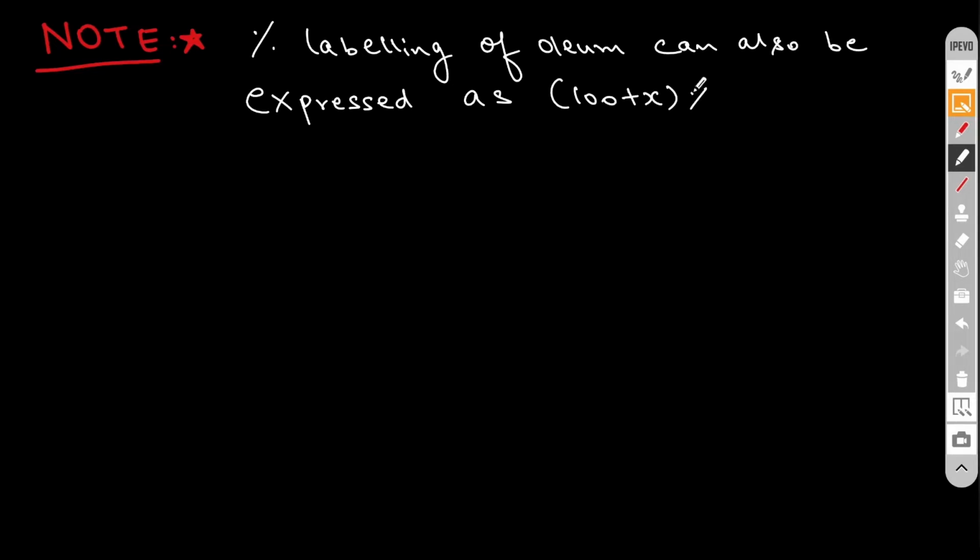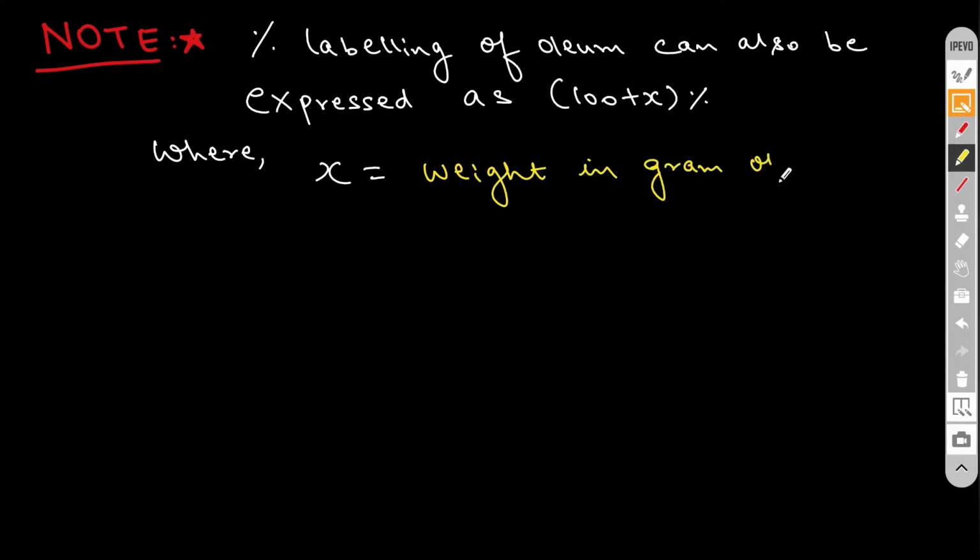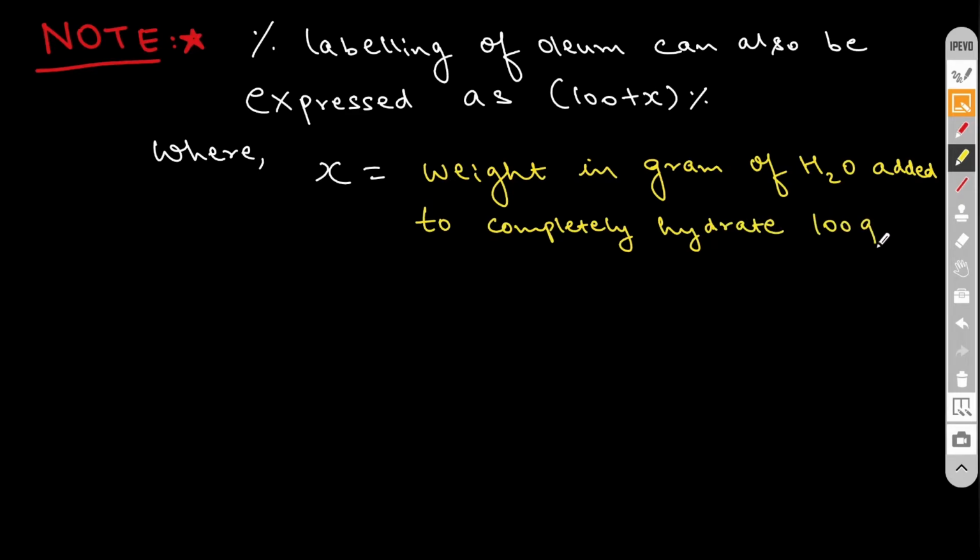If somewhere you are given percentage labeling of oleum is equal to 100 plus some X percentage, then here X refers to the weight in gram of H2O, or water, added to completely hydrate 100 gram of oleum sample.